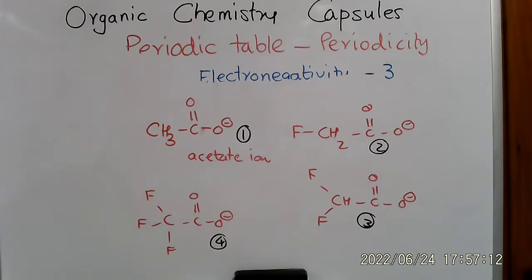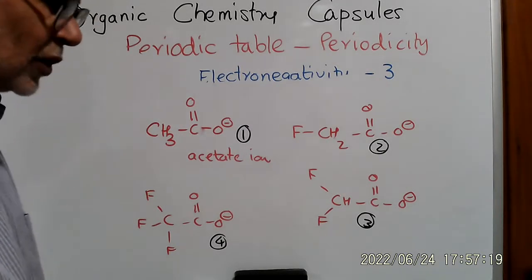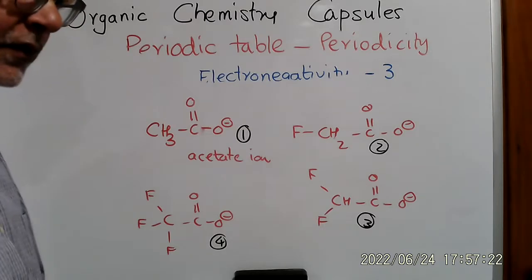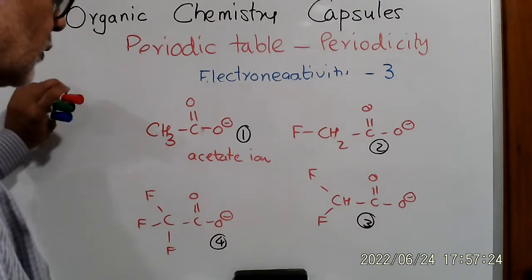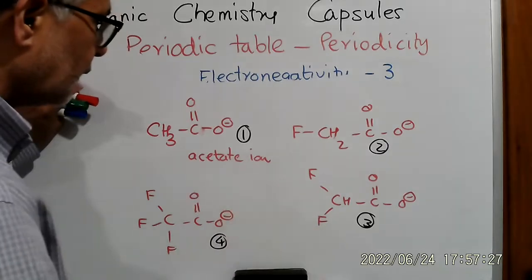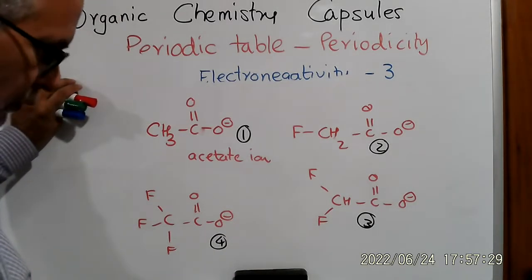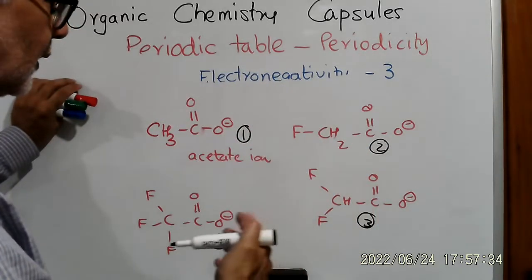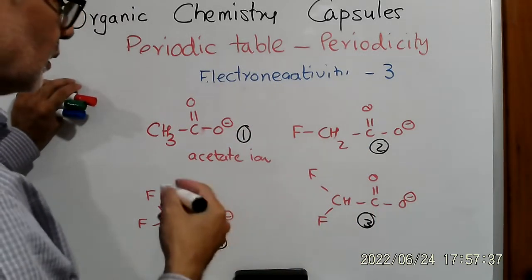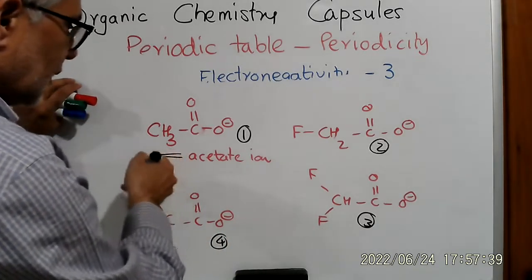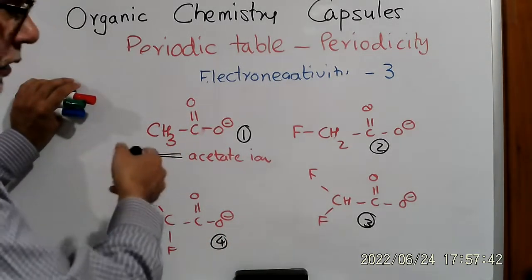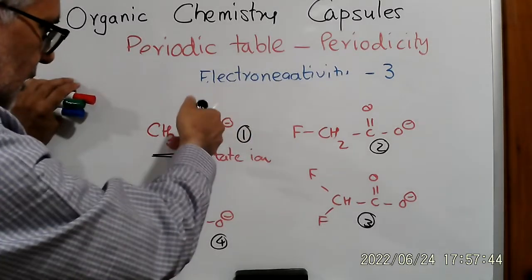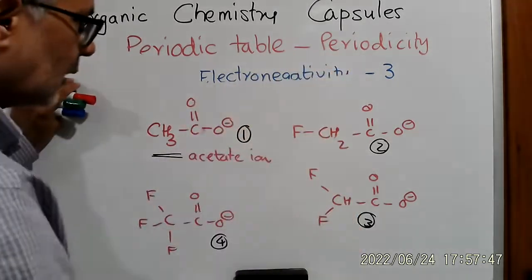Okay. So here again the negative charge is on the oxygen atom. So looking at the oxygen atom will not help us make any predictions about the stability of these ions, but then we move away from the oxygen, look at the structure of the ion and see what are the differences. Let's say this is our base unit, there's 3 hydrogens and carbon and the C double bond O, single bond O minus and all that.